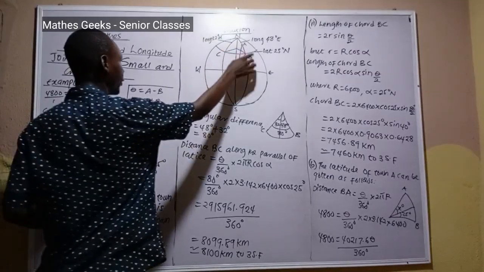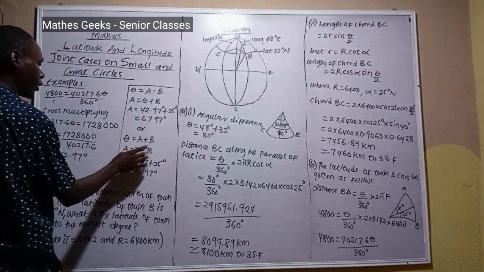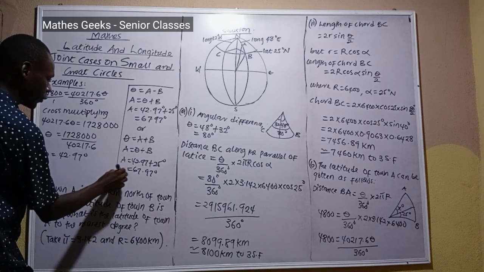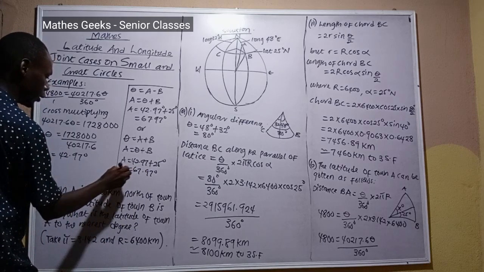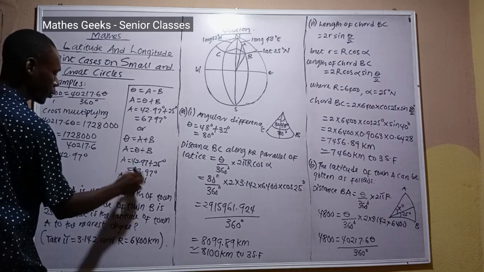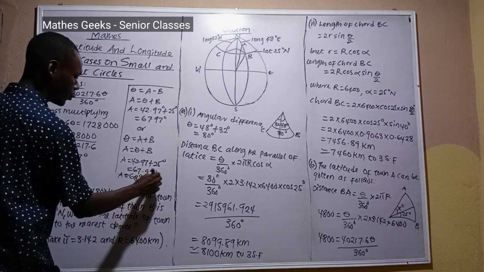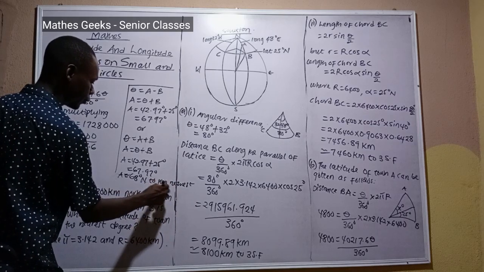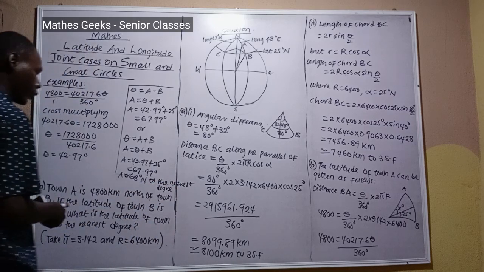Rather, you add B to theta, so A equals theta plus B, which is 67.97 degrees. Therefore A is equal to 68 degrees, to the nearest degree. That's the answer.